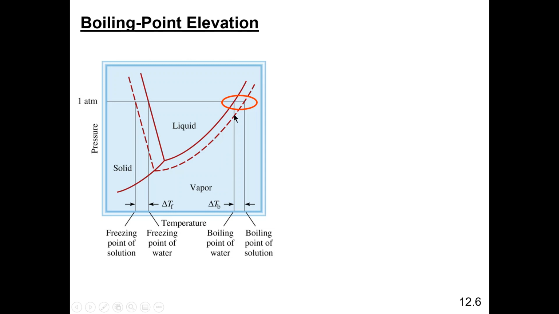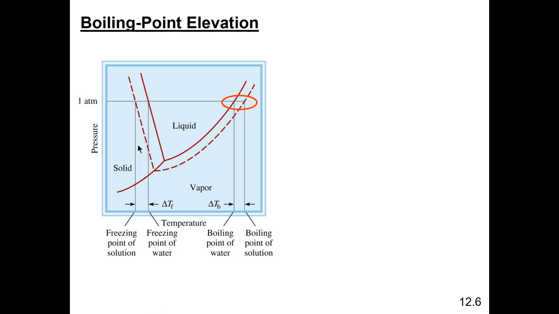So what that means, therefore, is that when the solute is added, the liquid will not be at the boiling point anymore, because now the vapor pressure is not equal to the atmospheric pressure at the temperature which was previously the boiling point of the pure solvent. So in order for us to get this solvent to boil again, we need to increase the temperature such that the vapor pressure is equal to the atmospheric pressure.